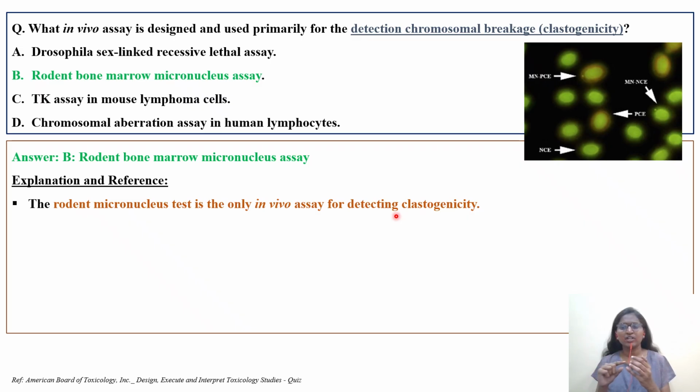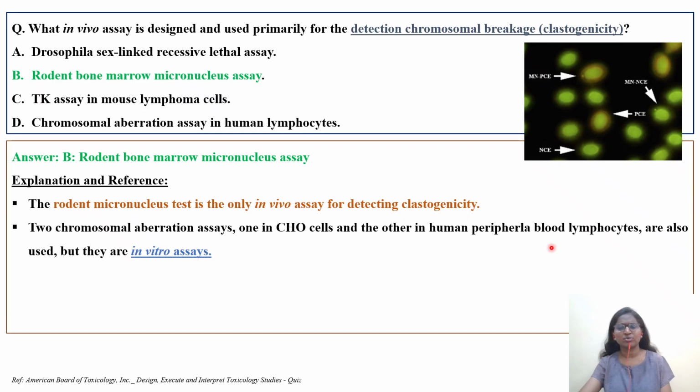The important thing is to understand in detail the principle and method of each assay: first the Ames assay with Salmonella typhimurium, then the chromosomal aberration assay, and also the micronucleus assay. So this video is about the micronucleus assay, which is specifically to identify clastogenicity, the type of DNA damage that is chromosomal damage.